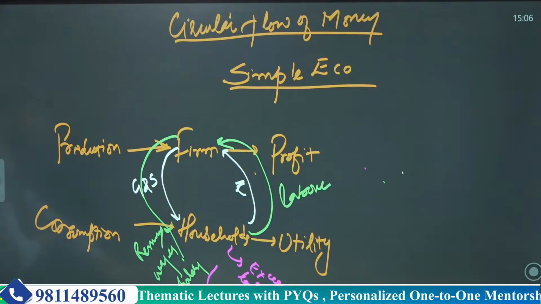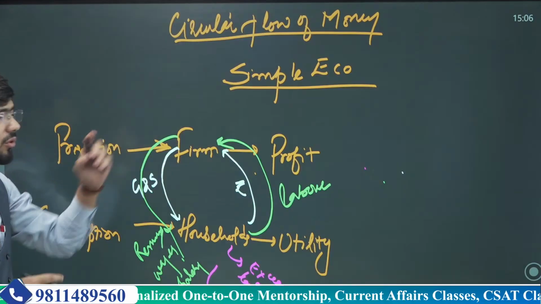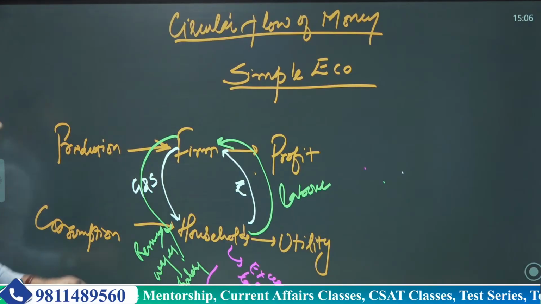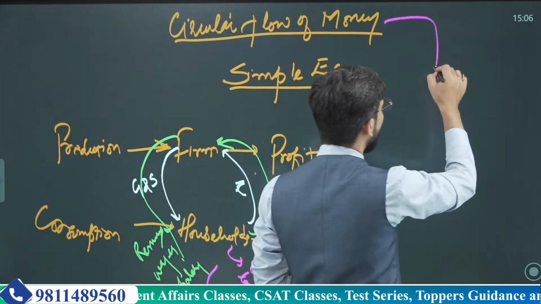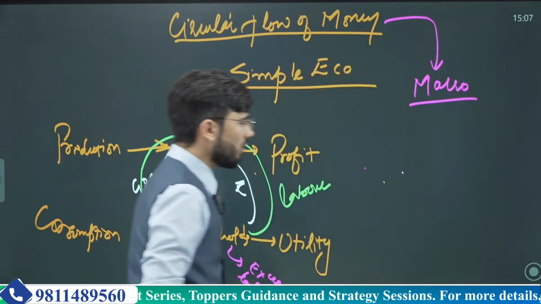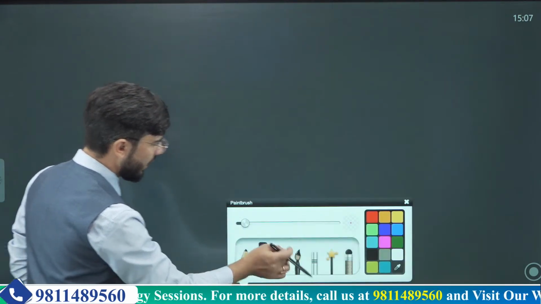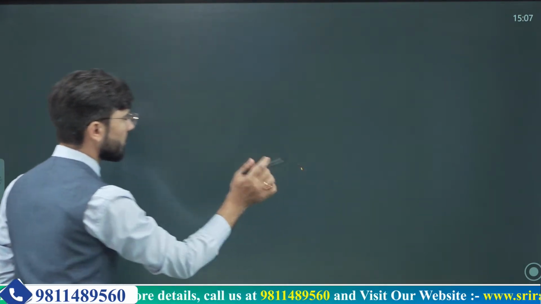But now, yes, we need to understand the more complex model of this circular flow so that we fit this in macroeconomics. How does this work in macroeconomics? It is a very simple thing that we are going to understand here. Very simple, very basics.